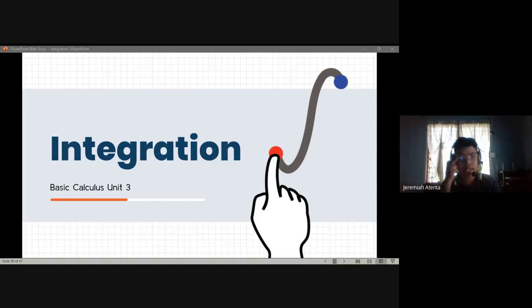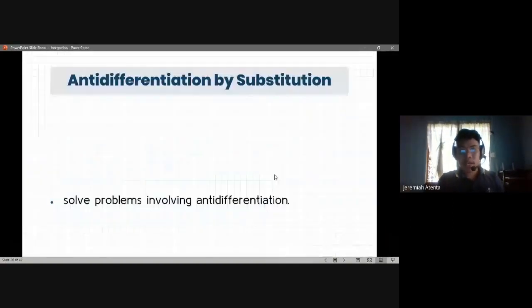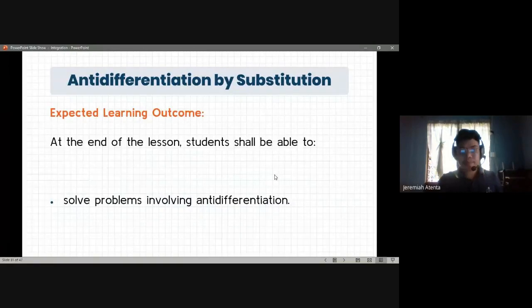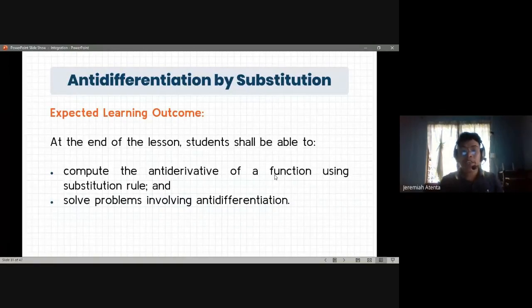Ayun. So once again, good morning everyone. And today we will be discussing the second part of the lesson under integration. Okay? So in this lesson, we will discuss the topic anti-differentiation by substitution.